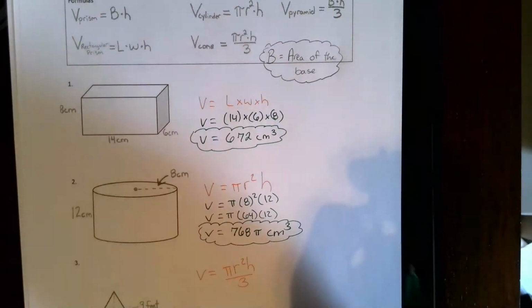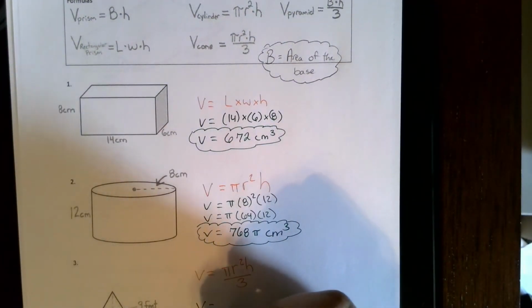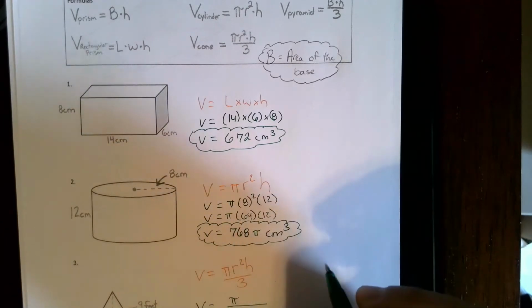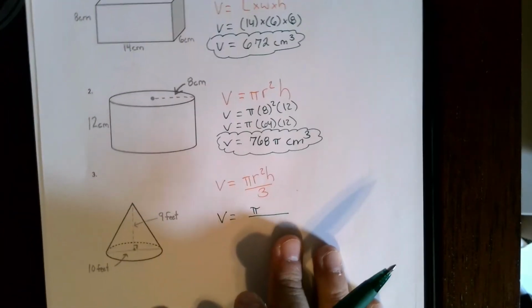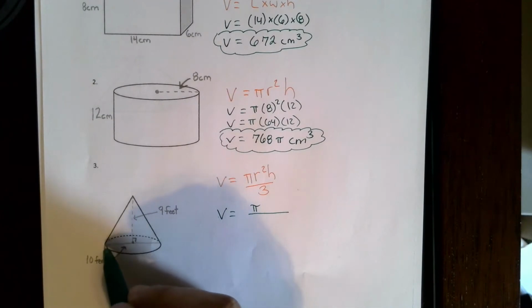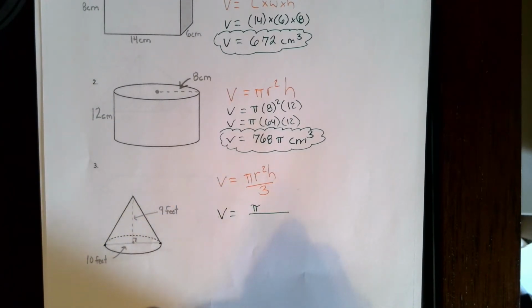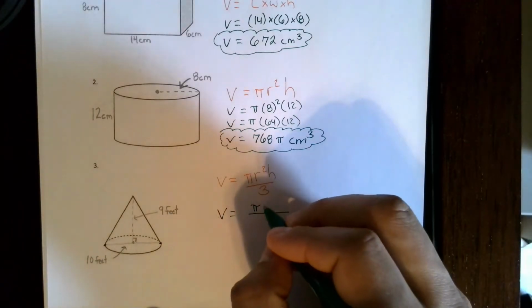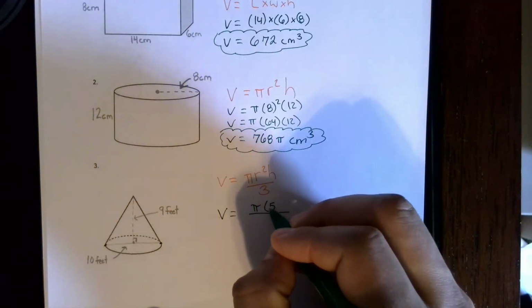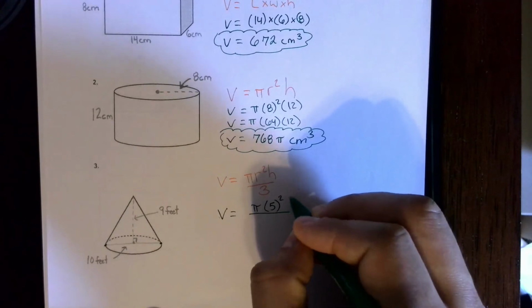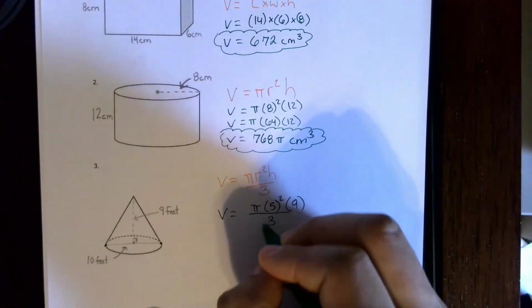Number 3 here. Now be careful on number 3. It tells us, again, I said this yesterday at the end of the video, 10 is the diameter, all the way across. So when I go to plug in the radius, it's half of that, 5. So we get pi times 5 squared times 9 divided by 3.